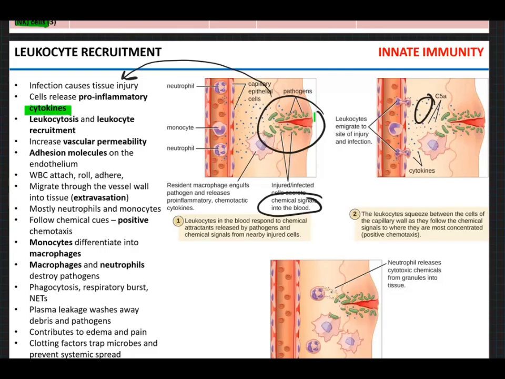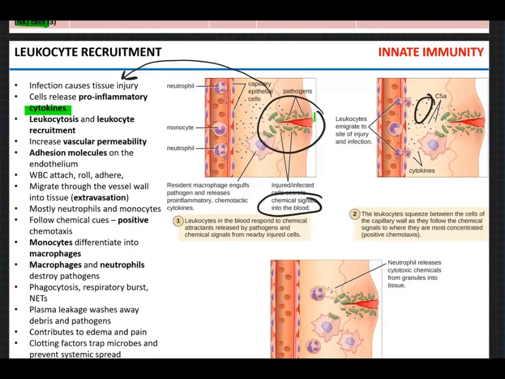Would you agree with me? And eventually the blood brings those cytokines where? One word starts with E. It's a tongue-in-cheek question. In the human body, where does blood go? Everywhere. So these cytokines reach everywhere.